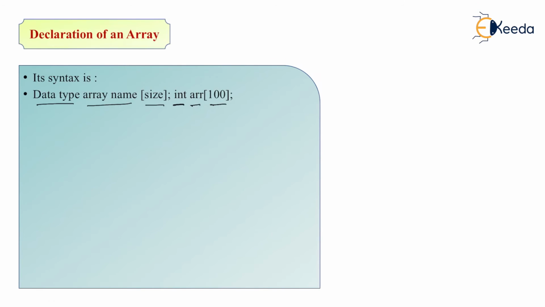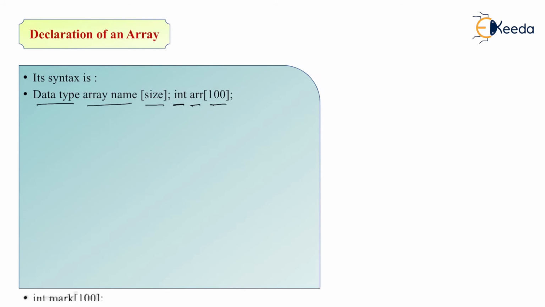Size of array doesn't mean the elements of the array will be 100. Size means the array can occupy 100 element spaces, but that doesn't mean that the elements present in the array are 100.